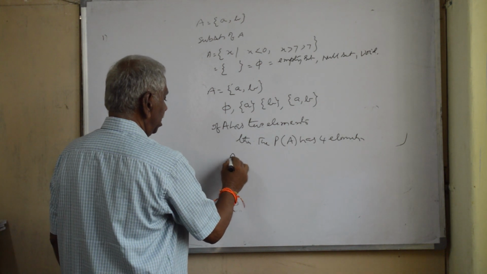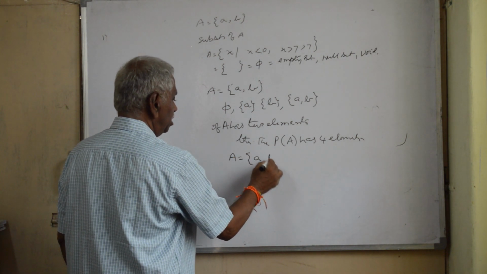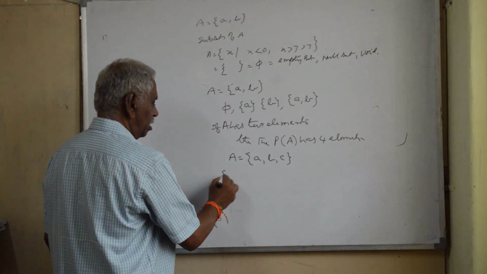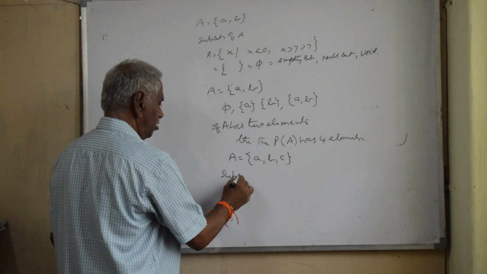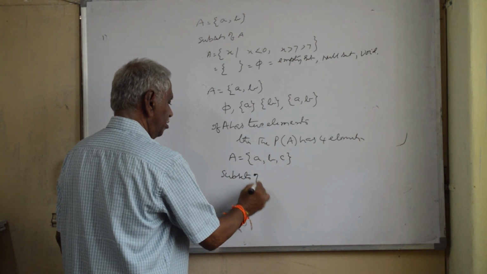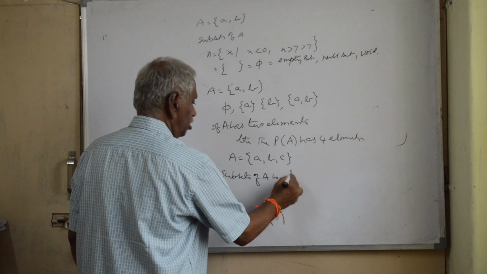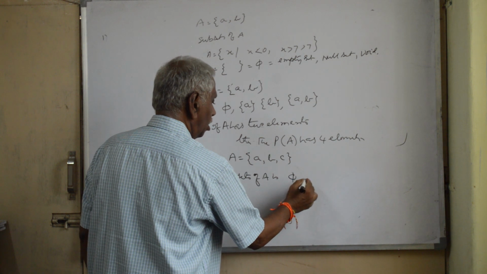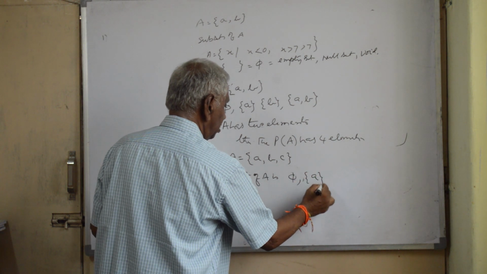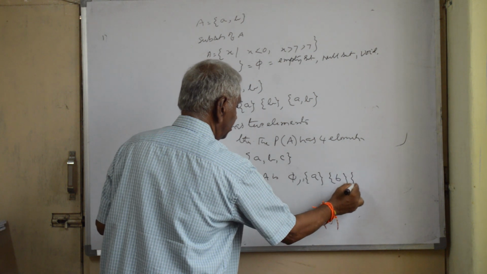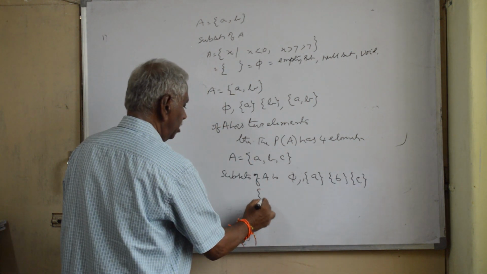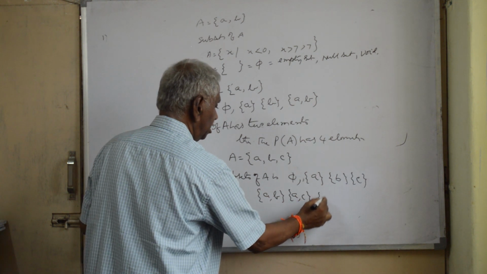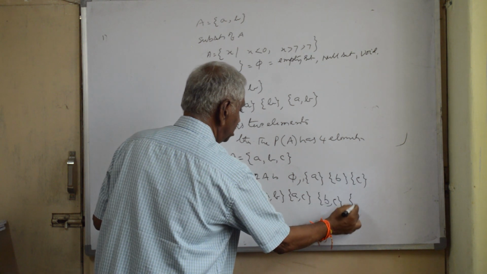Suppose you consider A is equal to {a, b, c}, which has 3 elements. Now the subsets of A are: first phi, or you may say empty set; single element sets {a}, {b} and {c}; and two element sets {a, b}, {a, c}, {b, c}; and {a, b, c}.